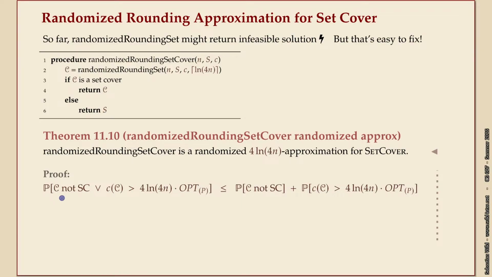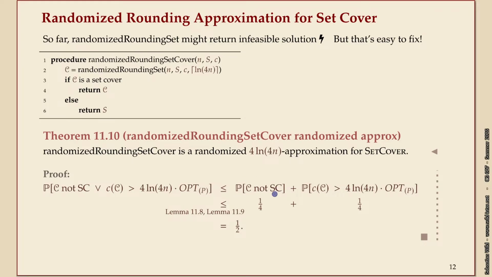So the probability that C is not a set cover, which means we return something of bad quality, or that it is a set cover, but it actually is of poor quality itself in terms of the cost. That's the union of 2 events. I can upper bound that by the union bound, the sum of the probabilities. And both of these we've just bounded by the previous lemmas.